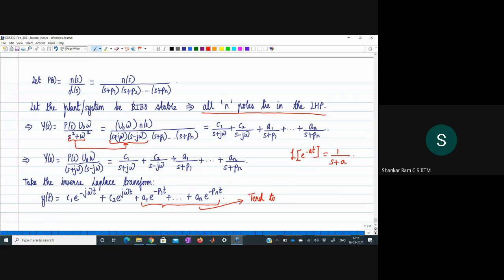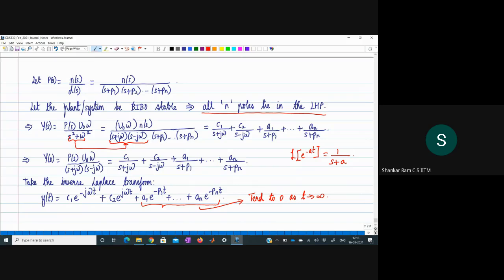So what can you say about e power minus T1 t to e power minus Tn t? If any pole lies in the left of the complex plane, its real part is negative, right? So what can you say about e power minus T1 t when the real part is negative? It will go to 0, right? So all these terms would tend to 0 as t tends to infinity. Okay, so that is the result.